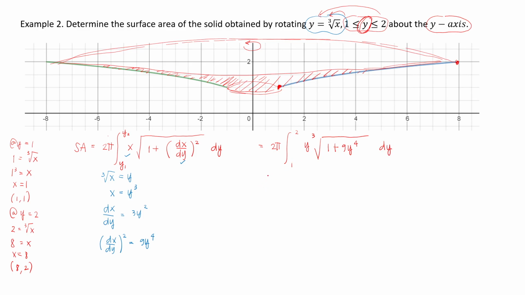So you can just use the calculator, and then you get the answer directly, in square units. 199.4, or 199.5 rather.